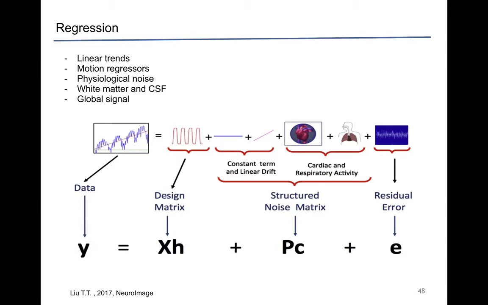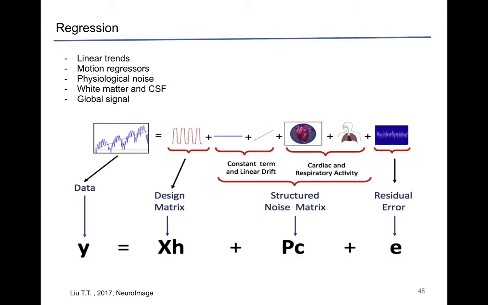If there's a task involved, you'll have a design matrix, and then you have your noise matrix, and you can fit that model and solve this equation to find your beta values.